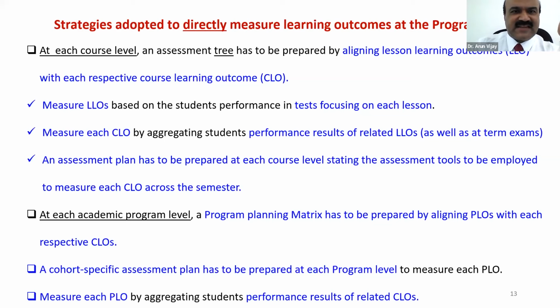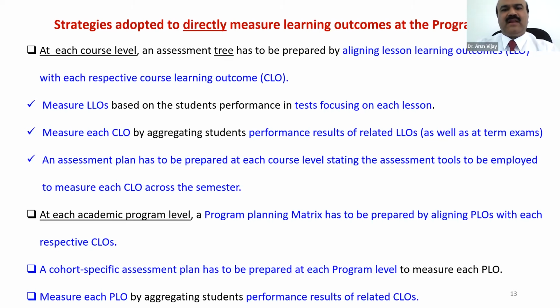As I explained, these are the strategies we follow. At a course level, we always assess the CLO based on LLOs, lesson learning outcomes. Then we measure the LLOs, and based on the LLOs, measure CLOs. Every course should have an assessment plan. This is an important criterion. Every course coordinator has to provide their blueprint for measuring the course level learning outcome.